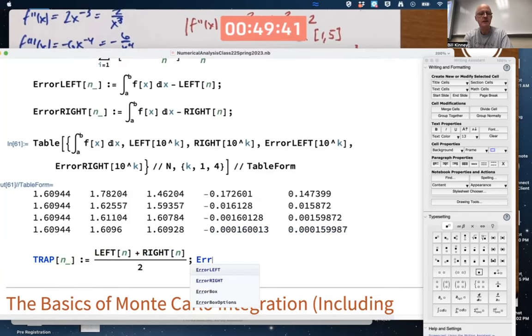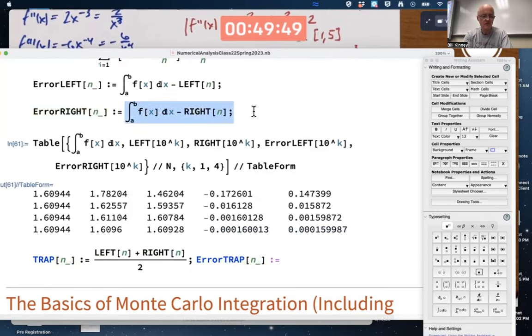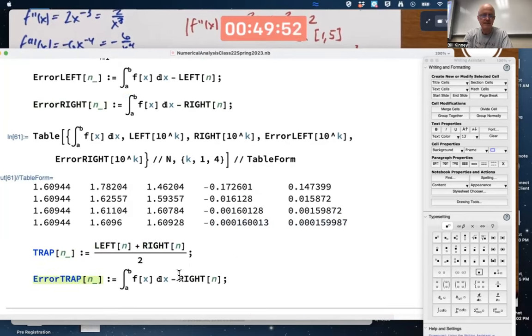And I could do this kind of thing. Copying and pasting to make things faster here. And I could make a similar table of values for the trapezoid rule.